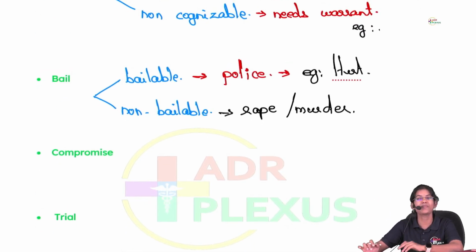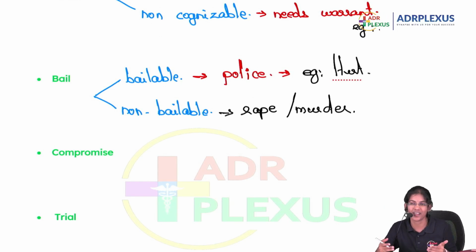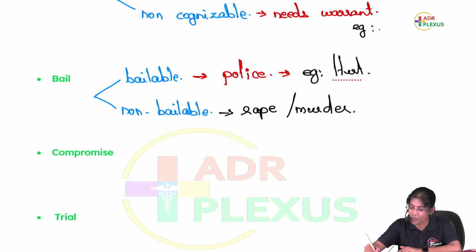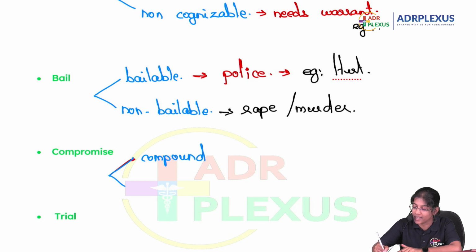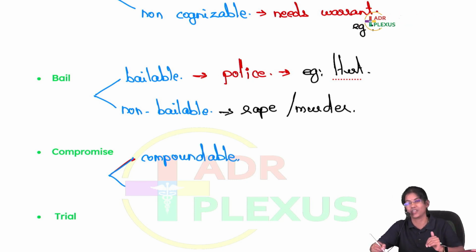Next, can the people compromise outside or not? Can a kattai panchayat be held or not? Now, compoundable and non-compoundable. Compoundable means they can finish the issue outside the court easily.